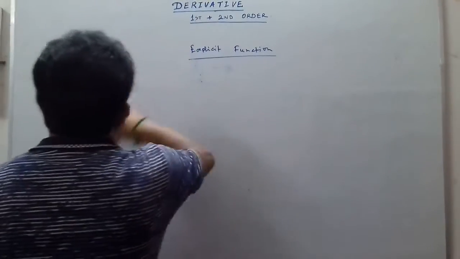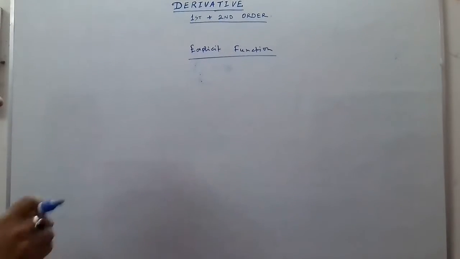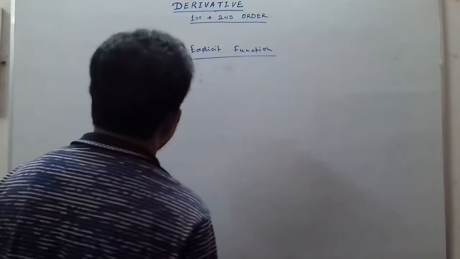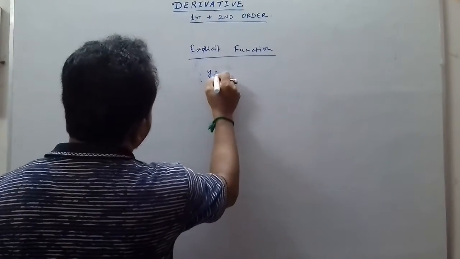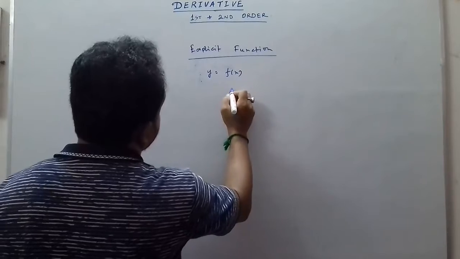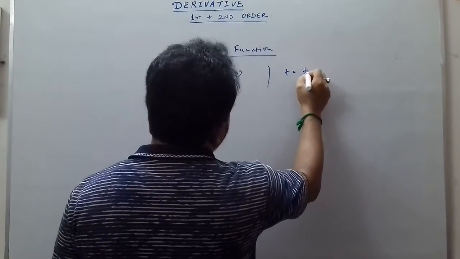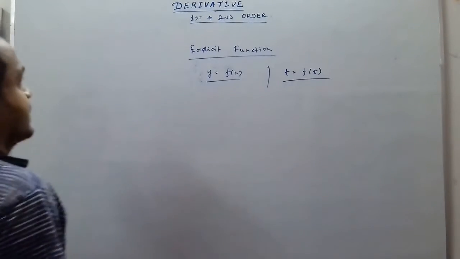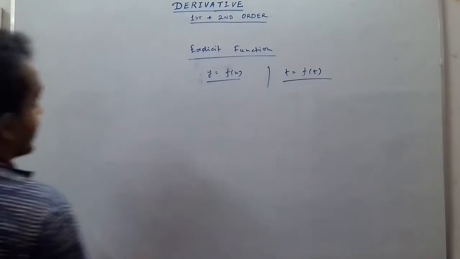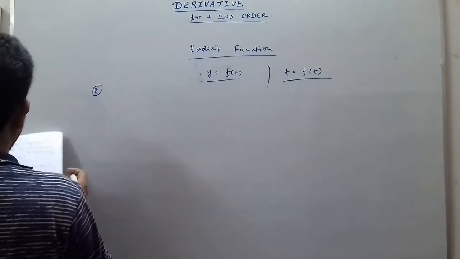We have already discussed explicit functions. In an explicit function, one variable is a function of some other variable. The general form is, if y is a function of some other variable, then this is an explicit function. If say t is a function of some z, then this is also an explicit function. So in this case we take one example, example 8.